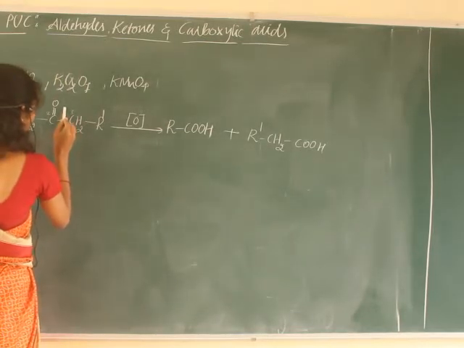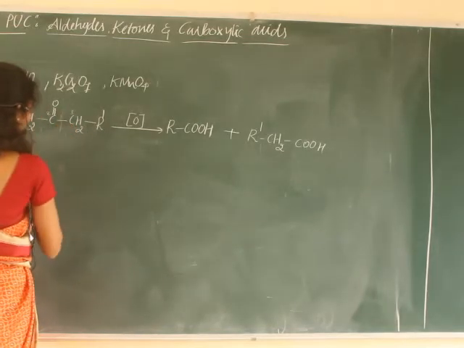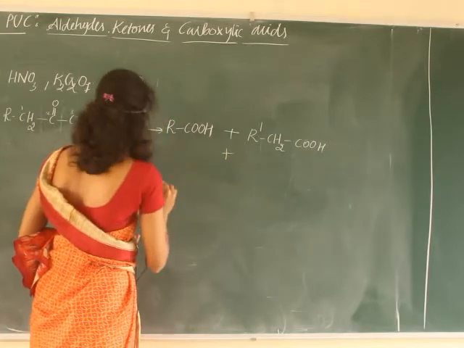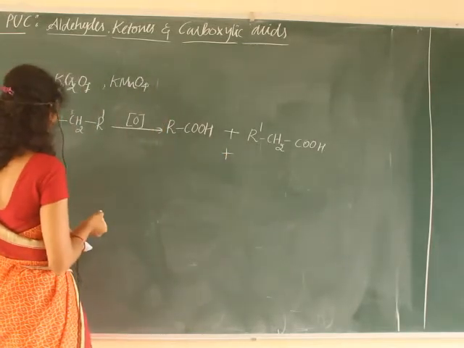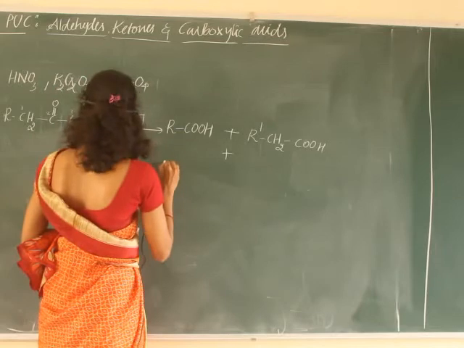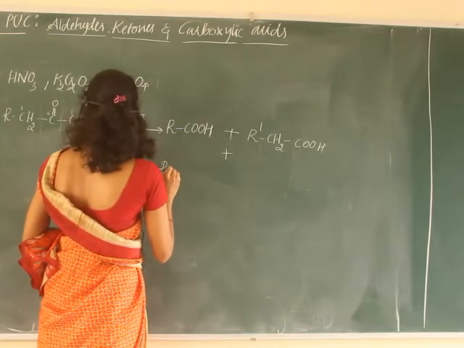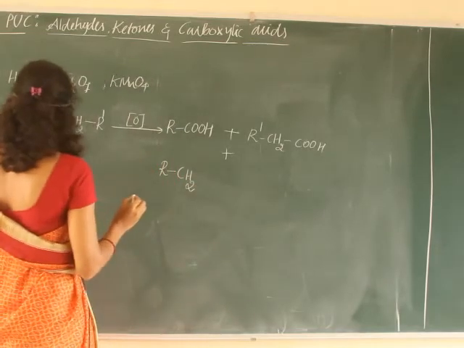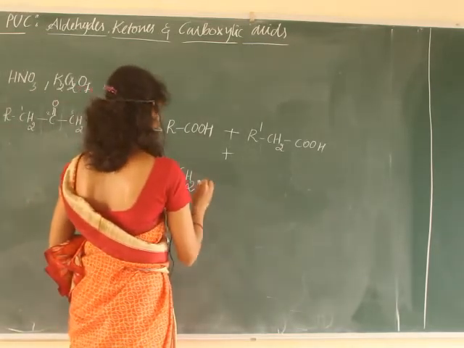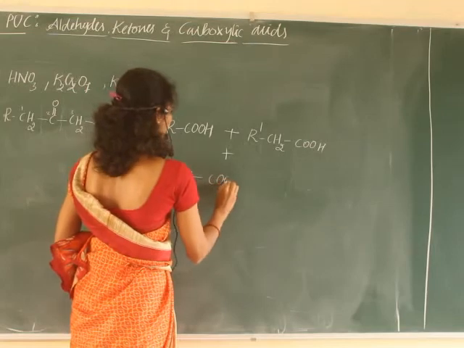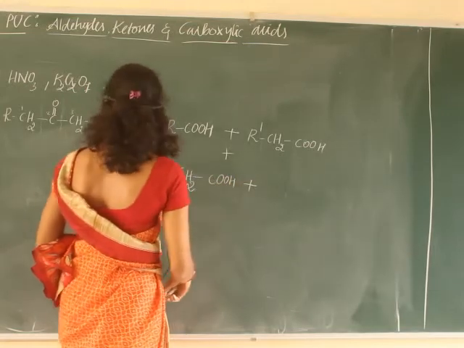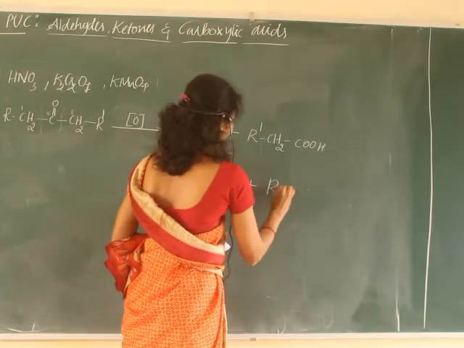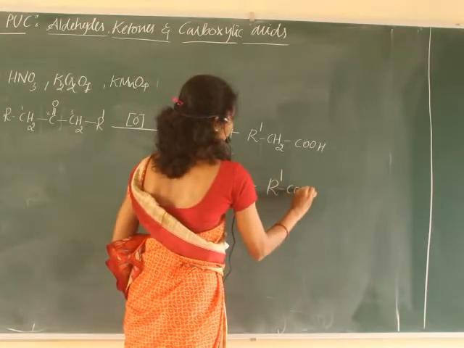And if the C2 and C3 bond breaks, then it results in the formation of two more products, that are RCH2COOH plus R'COOH.